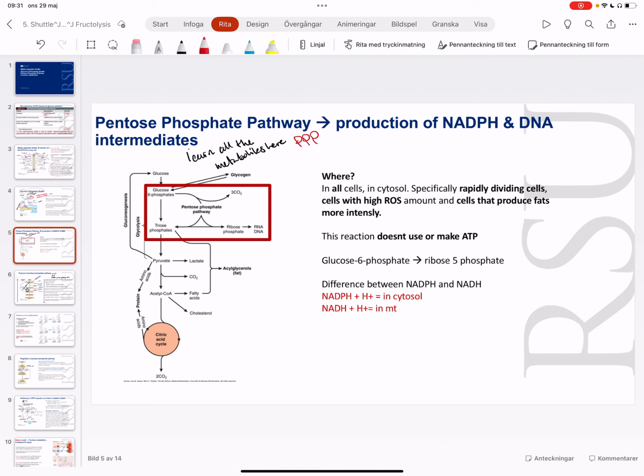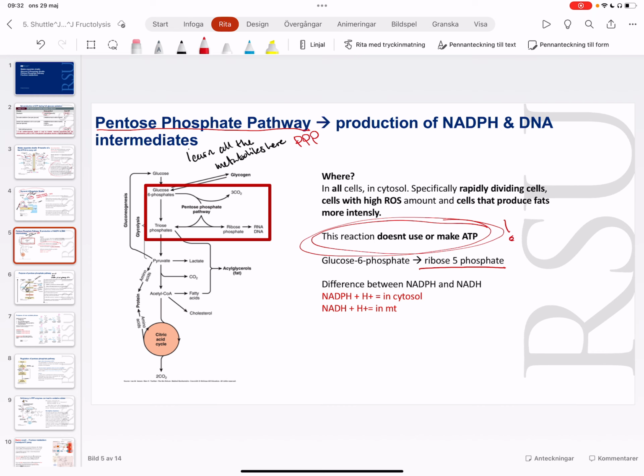And also this pathway does not make or use ATP. That's important. And the pathway will start from glucose 6-phosphate and end with ribose 5-phosphate, or earlier, we will talk about it.